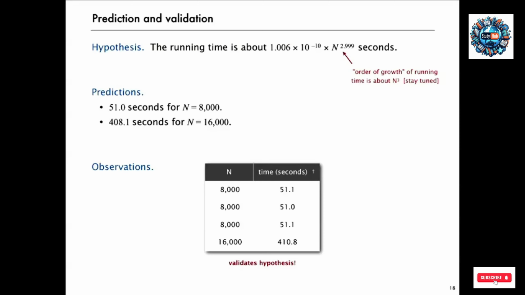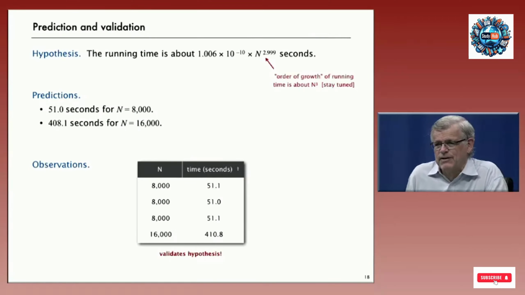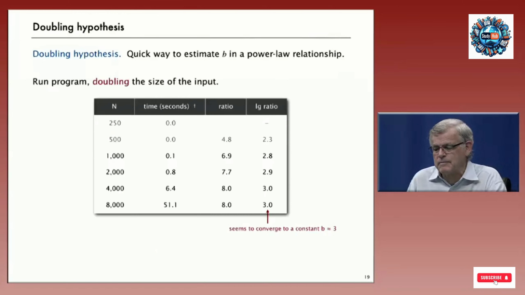And 400 seconds is plenty of time, but now we can go ahead and invest and run that experiment, and sure enough, we're pretty close to that 408 seconds when we run it. And now we can make a prediction for 32,000 or for whatever else we might be interested in. The model helps us do predictions without investing the expense to run the experiments.